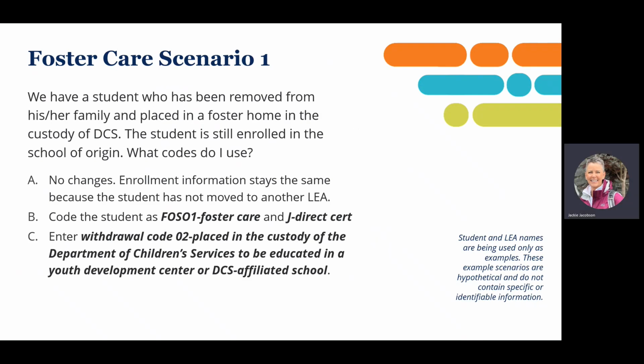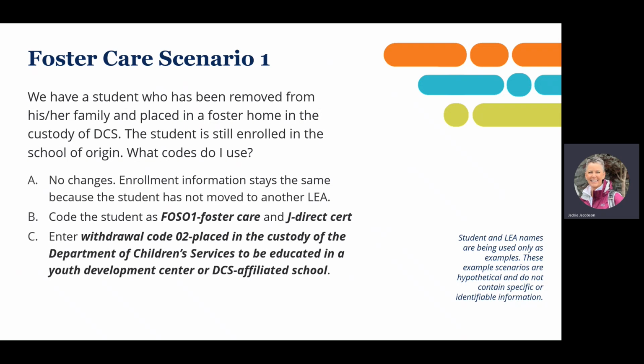Let's check for understanding by using a scenario. We have a student who has been removed from his or her family and placed in a foster home in the custody of DCS. That student is still enrolled in the school of origin. What code should you use? Is it A, no changes, enrollment information stays the same because the student has not moved to another LEA?